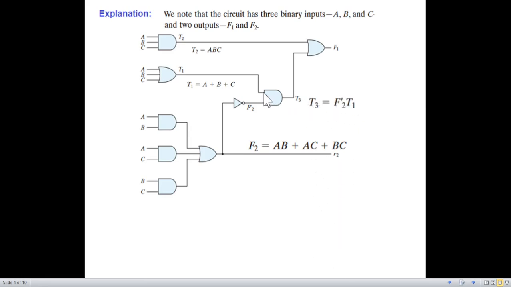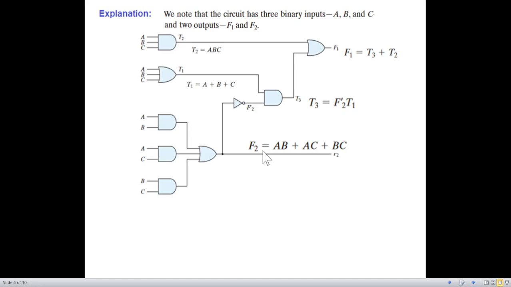T3 has two inputs: one is T1 and the other is F2 dash. This is F2; after the inverter, it becomes F2 dash. So T3's output will be F2 dash and T1. And F1 will be T3 and T2, connected with an OR gate, so we put a plus sign: T3 plus T2.